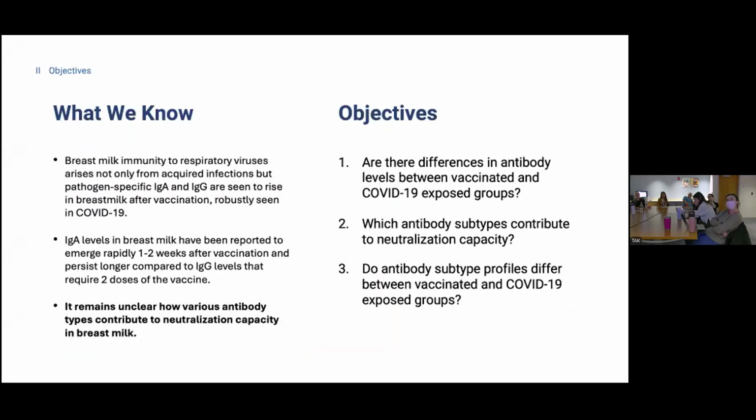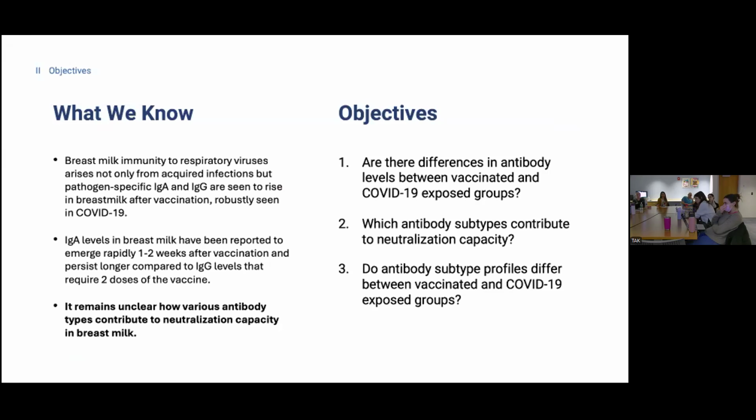Okay, so what we know is breast milk immunity to respiratory viruses not only arises from acquired infections, but there are pathogen-specific IgAs and IgGs. And so these rise in breast milk after vaccination and are robustly seen in COVID patients. We know that IgA levels in breast milk emerge very rapidly within the first 2 weeks after vaccination. They last longer compared to IgG levels.